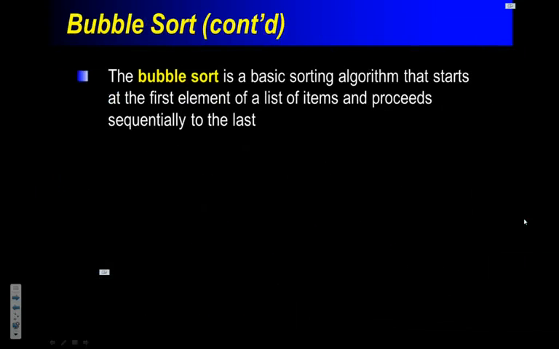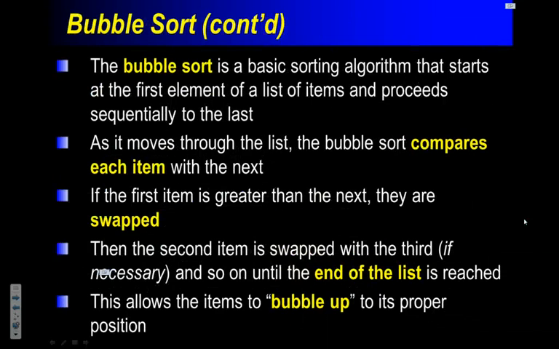So what the bubble sort does, okay, is it moves through the list, essentially bubbling items to their correct position. Okay? It does this by swapping items. It compares one to the next, and if they're in the correct order, it leaves them alone, and if they're not in the correct order, it swaps them. Okay? The result of this is it will bubble things to its position.